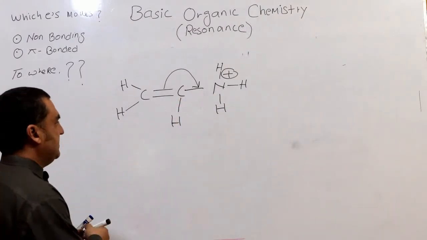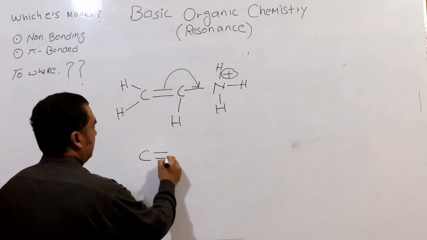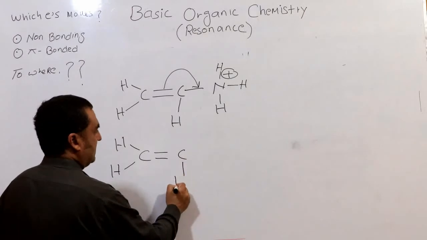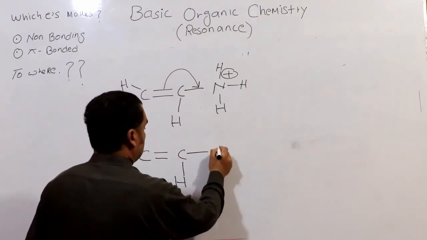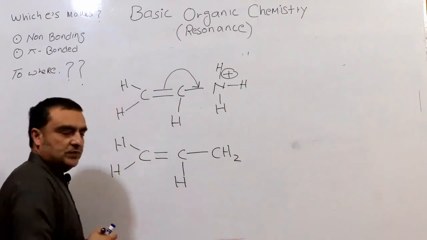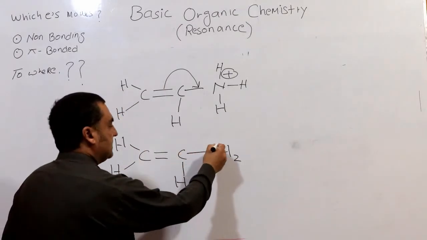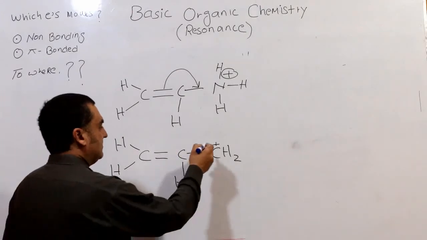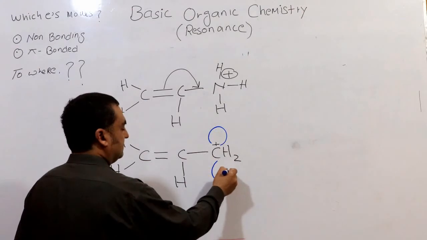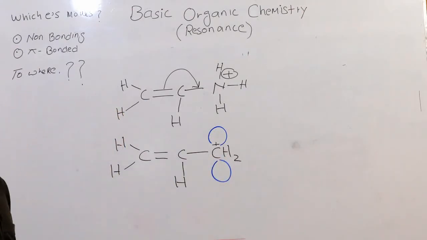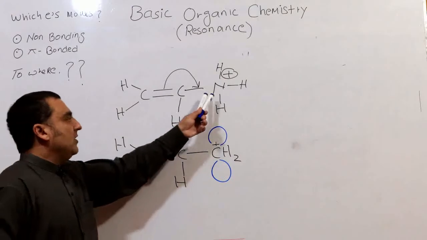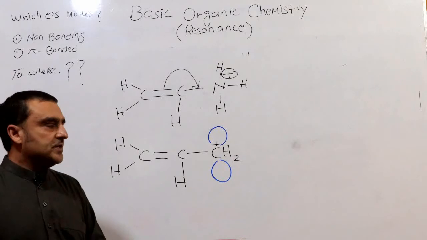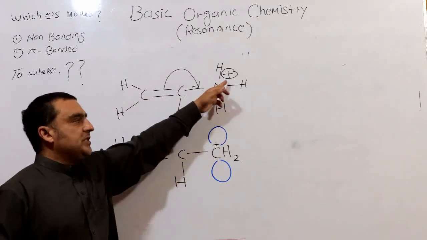And the difference between this thing and this thing should be kept in mind. Look at this thing, CH2. As you know, when CH2 has some positive charge, this means that this thing has a vacant p orbital. So the electrons can move into the vacant p orbital. Here the nitrogen, all the valencies are satisfied and there is no vacant orbital present on the nitrogen, though it has a positive charge.